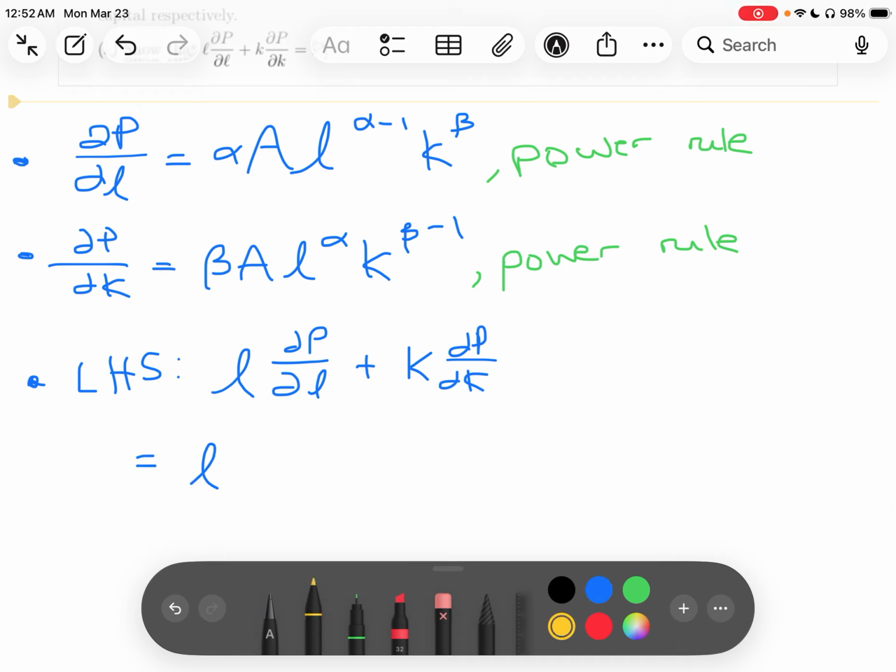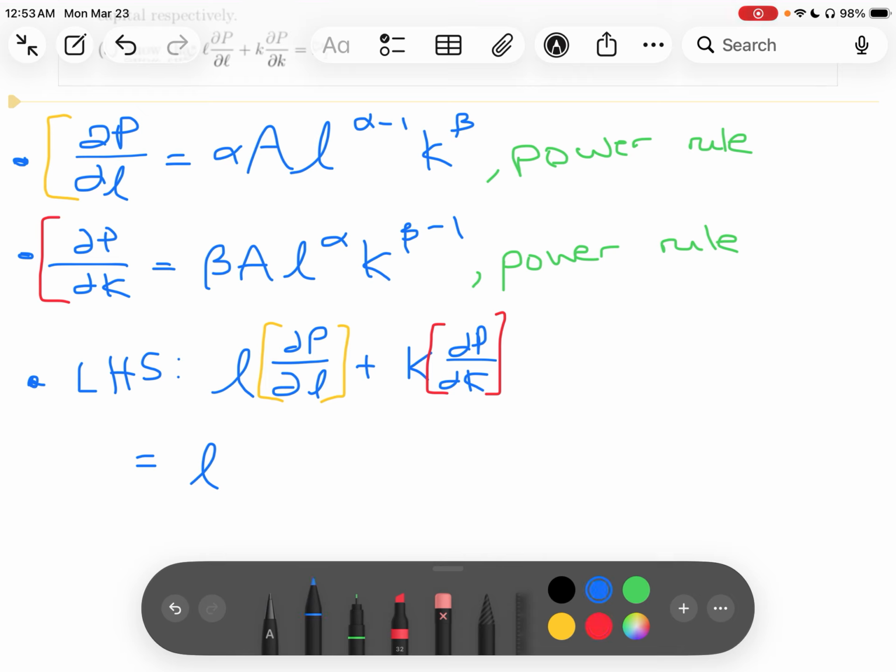So what I'm doing is I'm going to plug in this is equal to this, right? And then the other one I'm going to do is this thing is equal to this, okay?